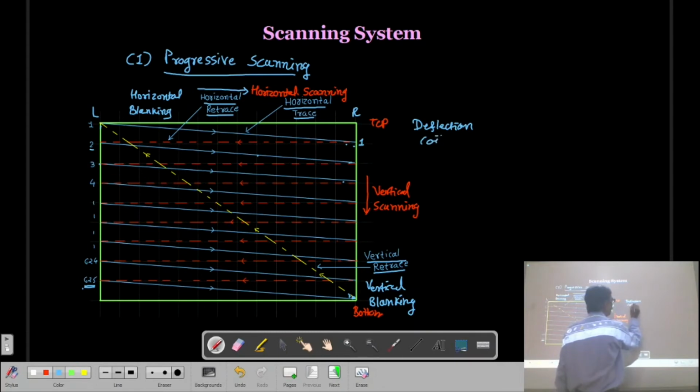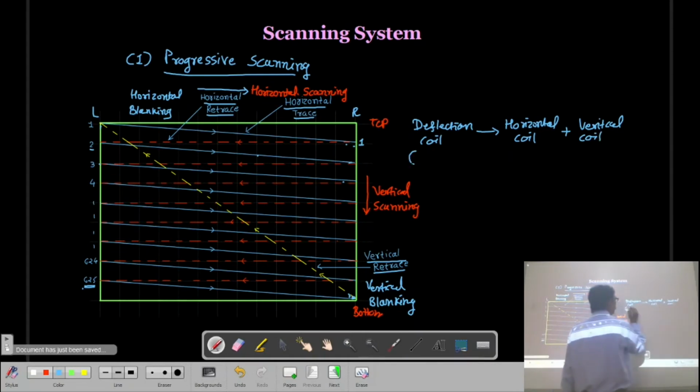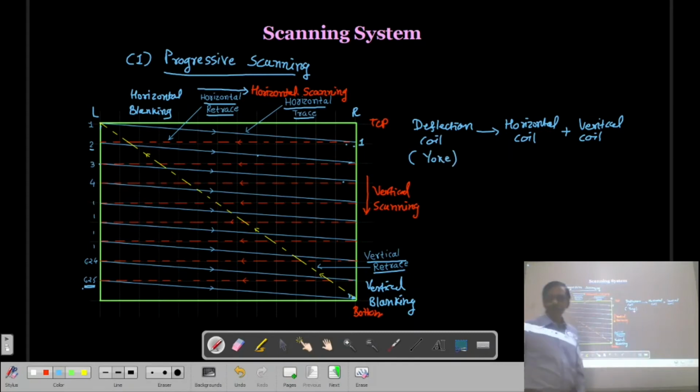Deflection coil consists of a horizontal coil plus a vertical coil, and this combination of both the coils is known as a yoke. This deflection coil is always on the neck of the picture tube and the neck of the camera tube.